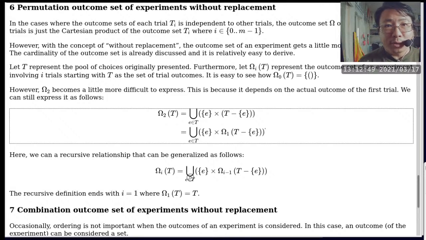I'm copying certain things onto the tablet at this point, so you can't see anything just yet. Okay, omega i of T is the union of elements e of T, and then we use e as a single set, Cartesian product with omega i minus 1 of T minus e, and that's it.